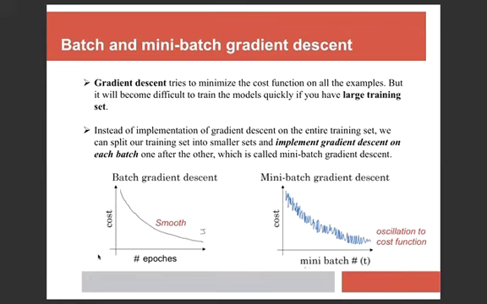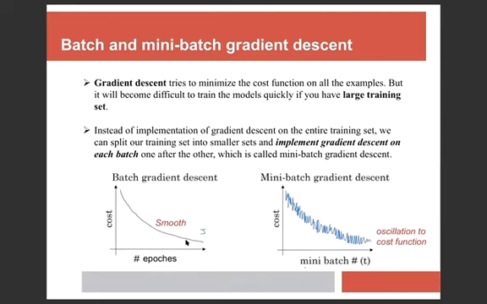The left figure shows the gradient descent on the whole data set. You can see that the vertical axis indicates the cost and the horizontal axis indicates the number of iterations. The cost is descending smoothly.